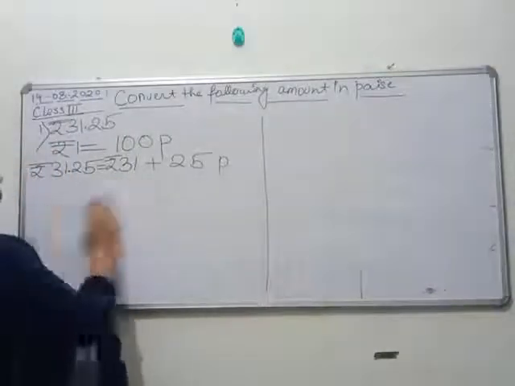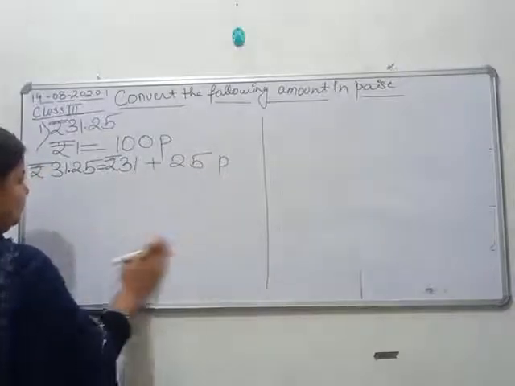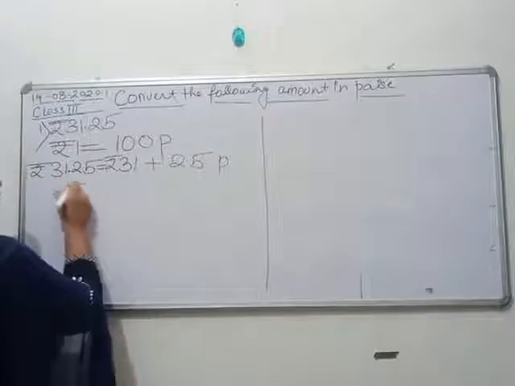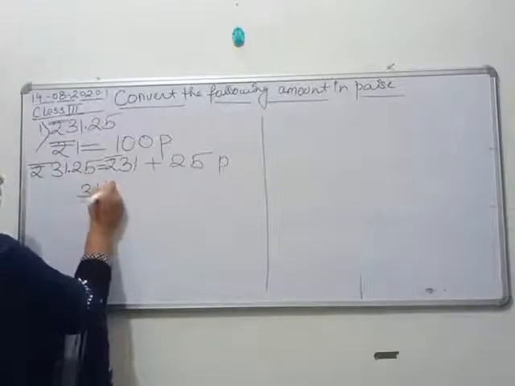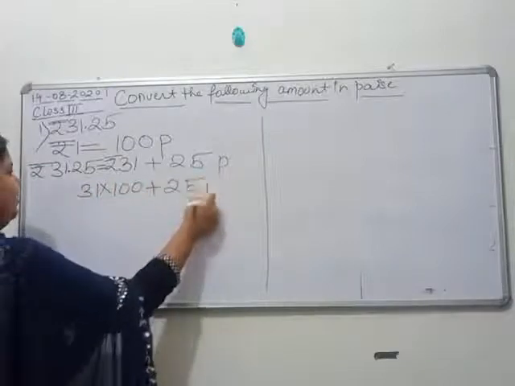So how will we convert the rupees part? By multiplying it with 100. So 31 multiplied by 100 plus 25 paisa.